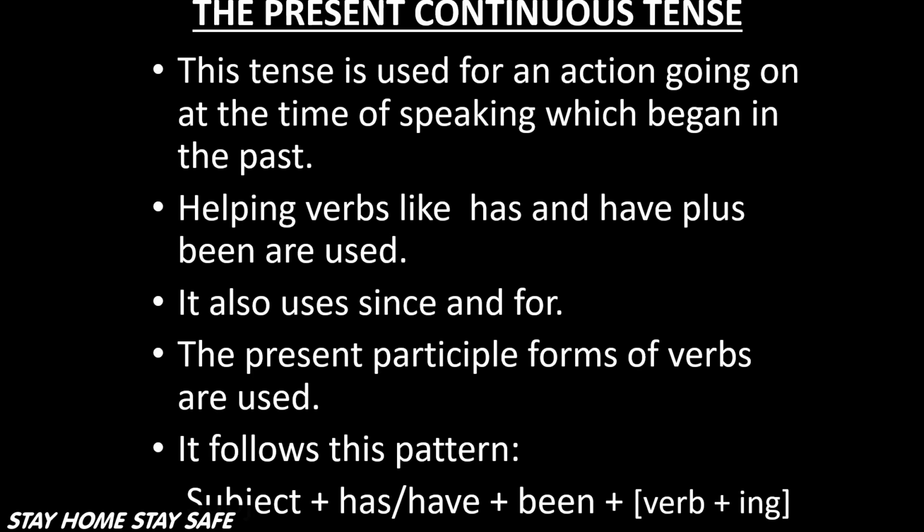So when you go to the present perfect continuous, we talk about an ongoing action, something that is taking place at the time of speaking, which began sometime in the past. At the time that I am speaking, something is happening, and that thing began a long time ago. For example, in which class are you now? You are in P5. When did you come to Kampala Quarter?